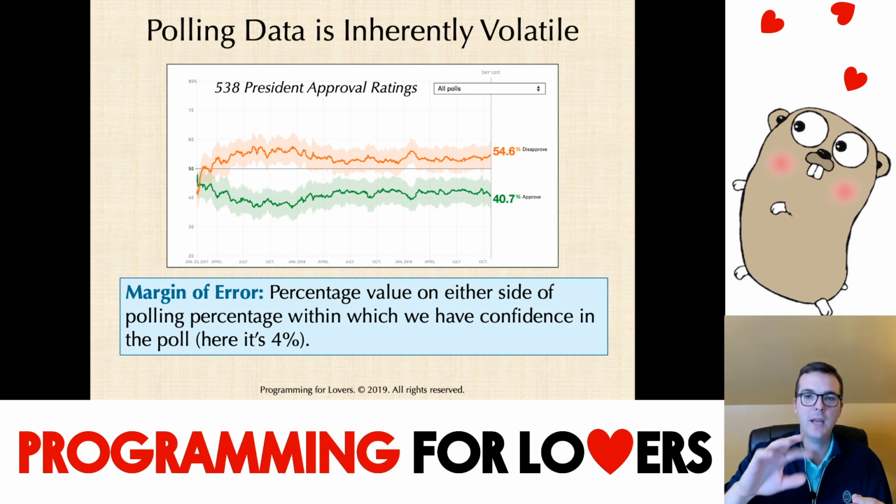So there's an 8% spread, 4% on either side of this chart, where at any given time, we may be 90% sure that the true number, whatever it is, if we were able to poll every American in this case, would be within 4% of the stated number. And so this makes things difficult in that we're never going to have a true number of, in a given area or across an entire nation, what people think, even with only two options.